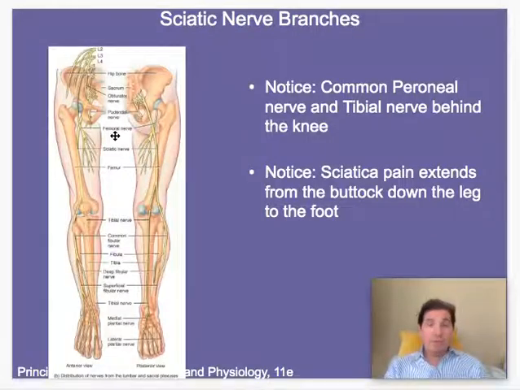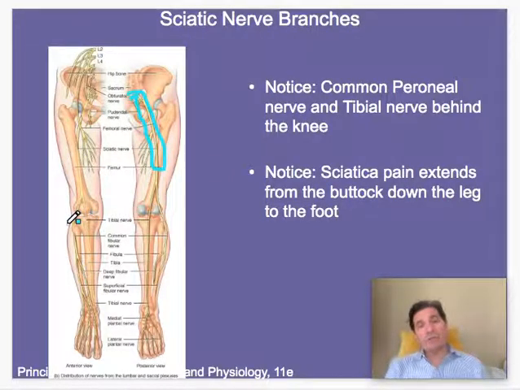So, if we look at this particular image, which now turns the leg around, this shows you the sciatic nerve very clearly. Let me do this so you can see it. If we're looking right along here, that's our sciatic nerve. If you were to get an injection in that area at any time, that would cause pain and discomfort.